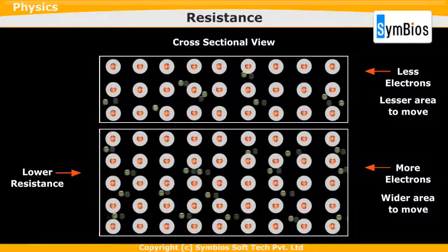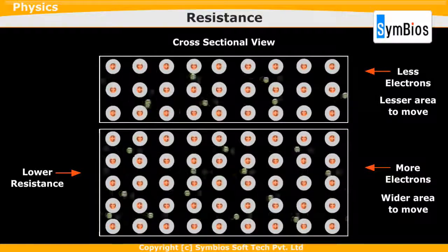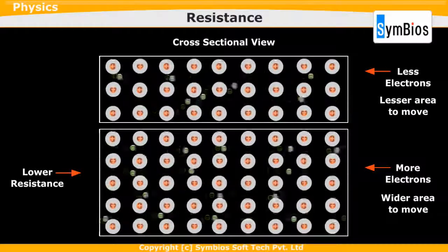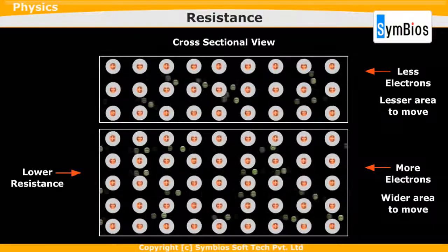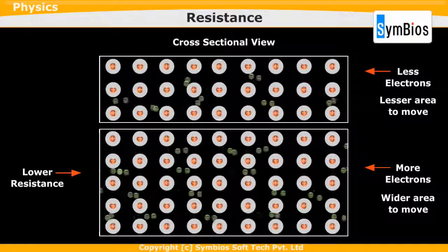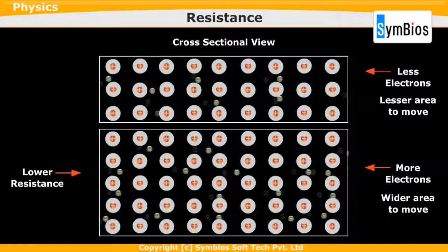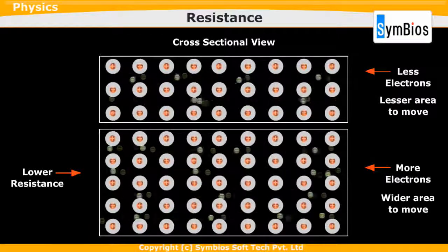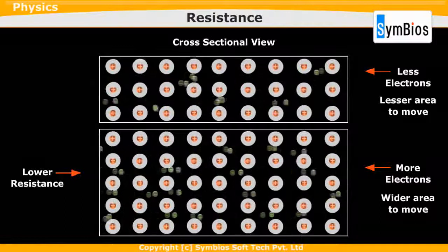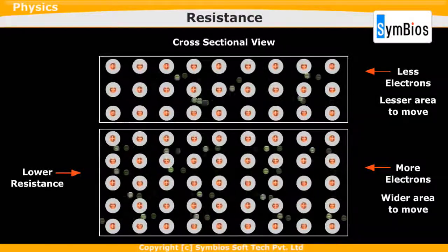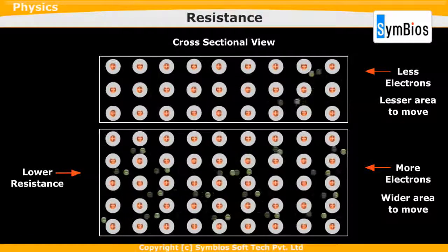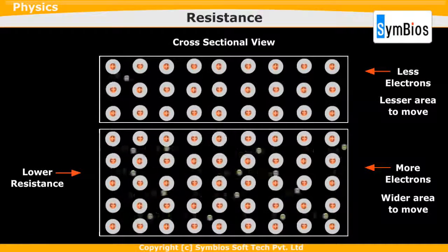Notice that the electrons seem to be moving at the same speed in each one, but there are many more electrons in the larger wire. This results in a larger current, which leads us to say that the resistance is less in a wire with a larger cross-sectional area. Thicker the conductor, lesser the resistance, and vice versa.